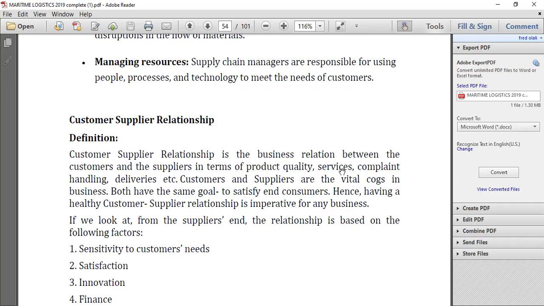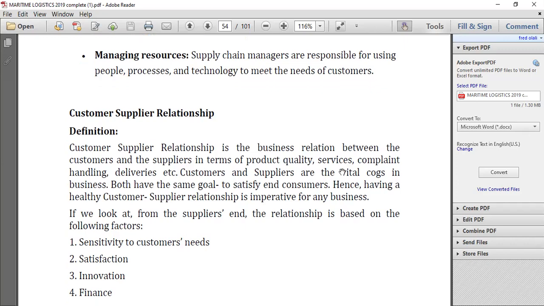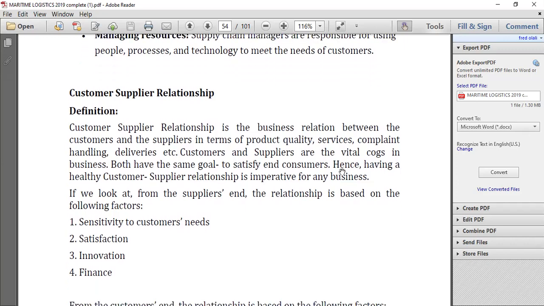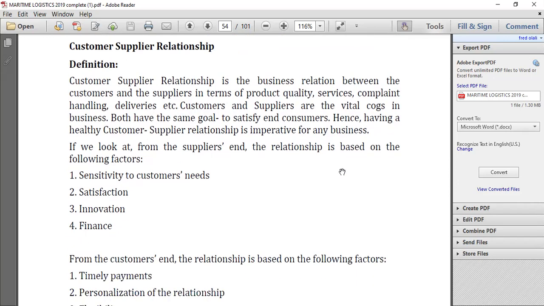If you look at it from the supplier's end, the relationship is based on the following factors. If we stand on the side of the supplier, then the relationship between the two is based on these factors. One, sensitivity to customers' needs.